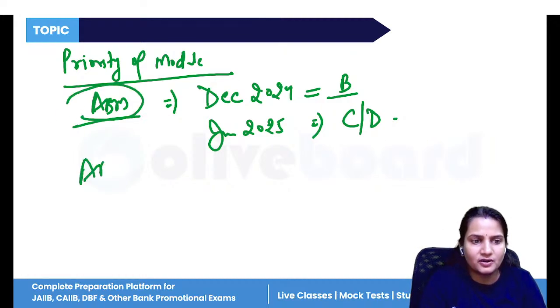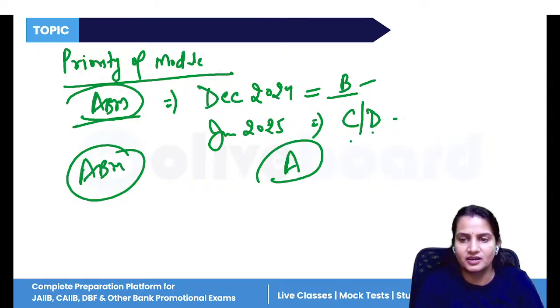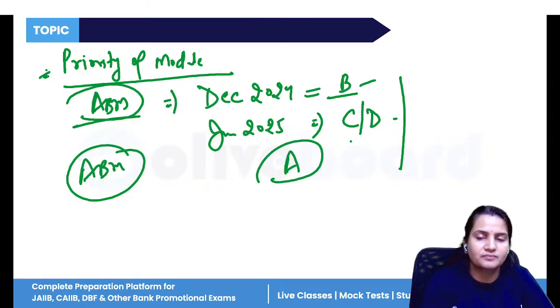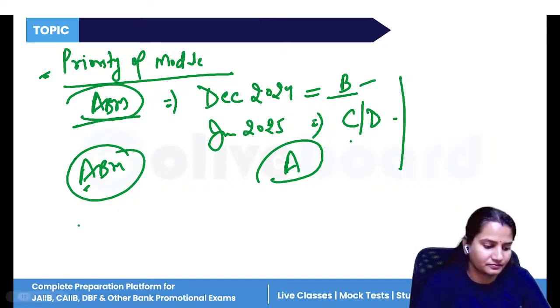In the ABM paper, all modules are equally important. Sometimes they may ask more questions from module B, sometimes from module A, module C, and module D. So we have to give equal priority to each and every module in ABM.